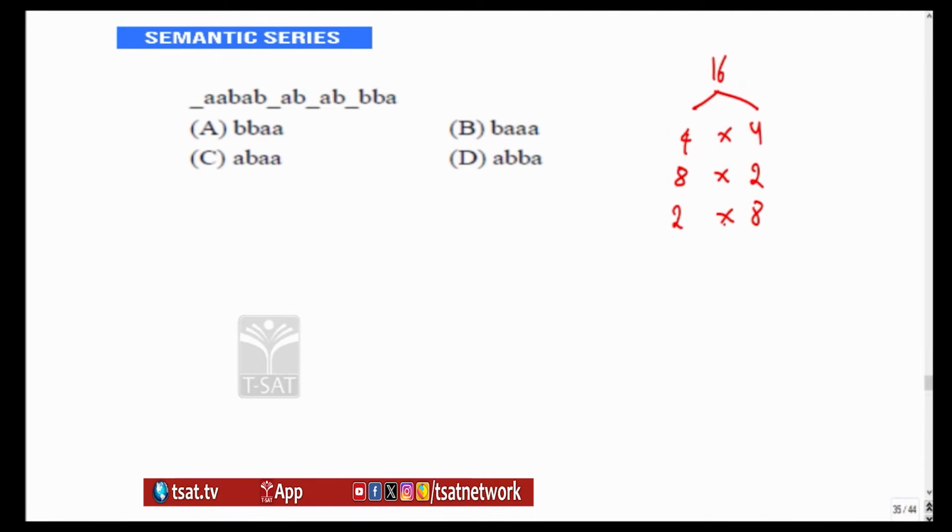These are the possibilities. In this 16, I will always start with 4 blocks repeating 4 times, because in the examination there is always a probability that they will ask 4 blocks repeating 4 times.